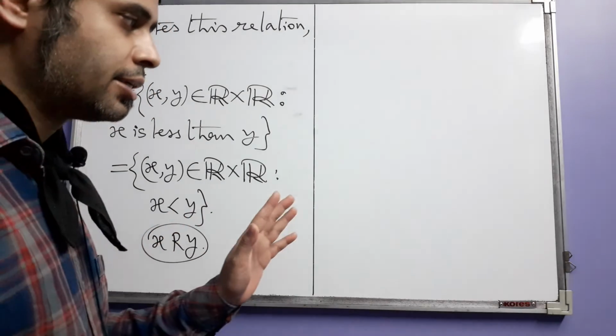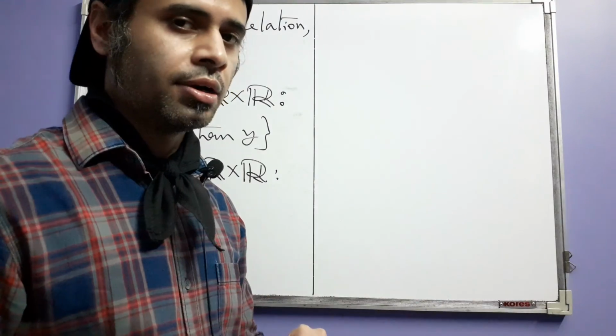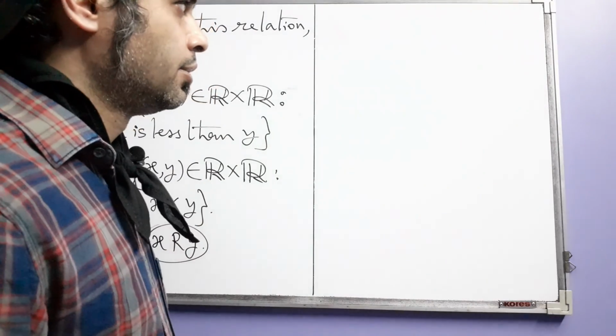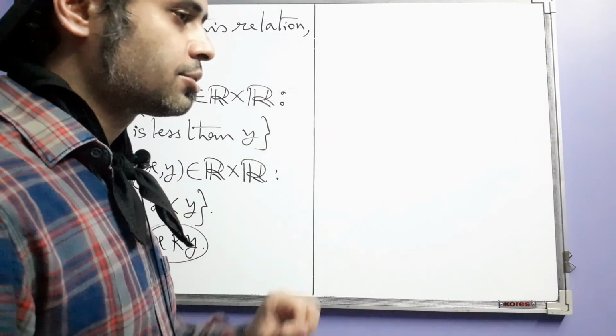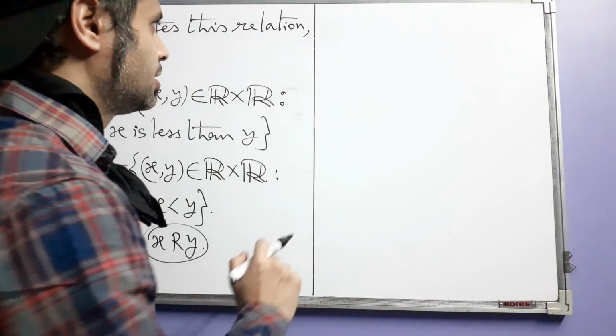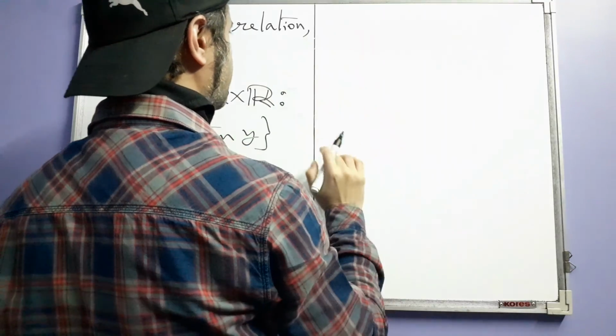We won't study order relations at this level. We will see more about order relations later on. In this text, we are focusing on equivalence relations. So let us now see the definition of an equivalence relation.